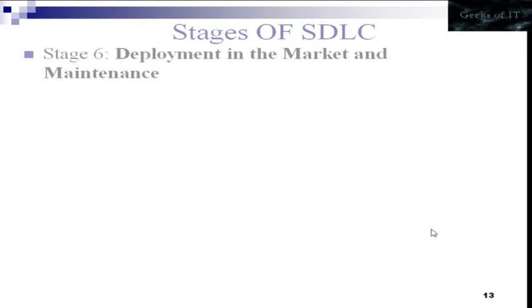The sixth stage of the system development life cycle is the software deployment stage. In this stage, it is: let's start using what we got. The software that we built in the fifth stage of the system development life cycle is actually deployed. At this stage, the goal is to deploy the software to the production environment so users can start using the product.